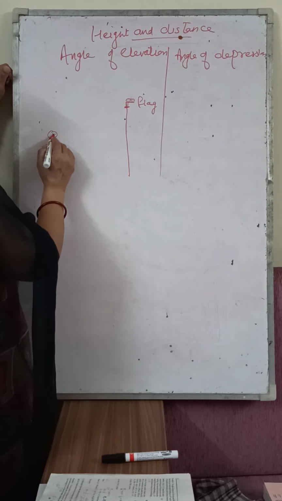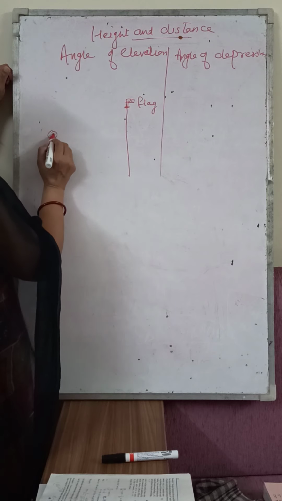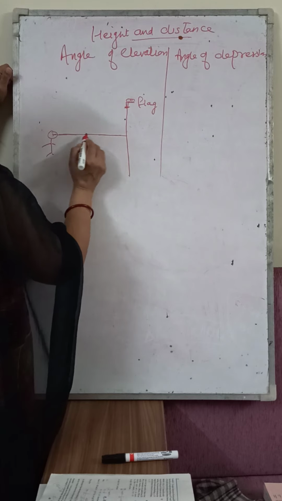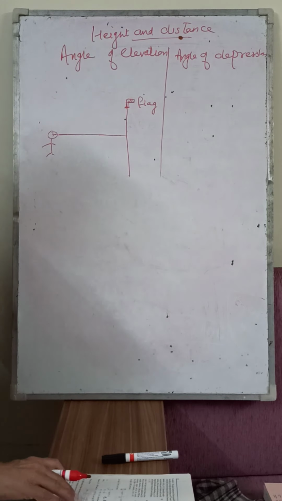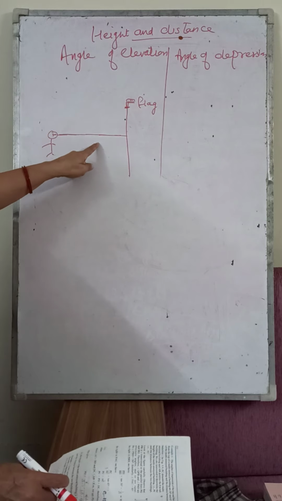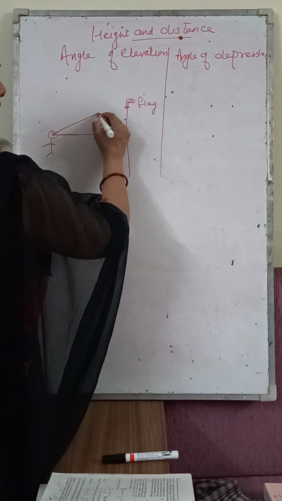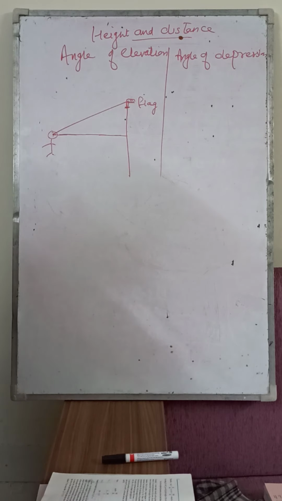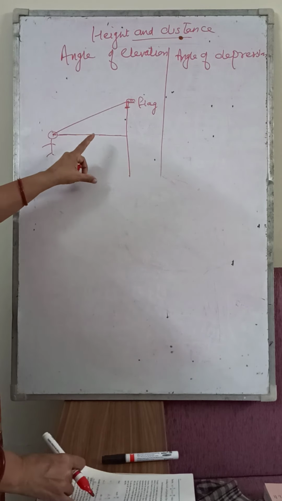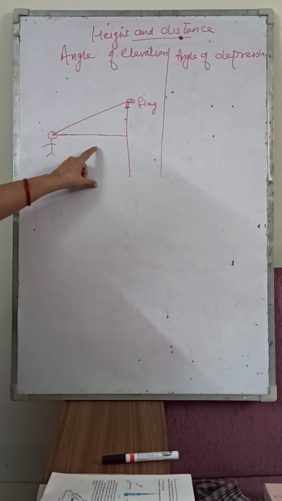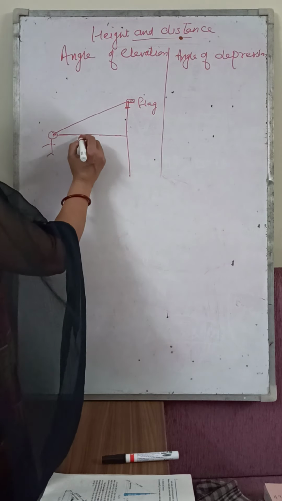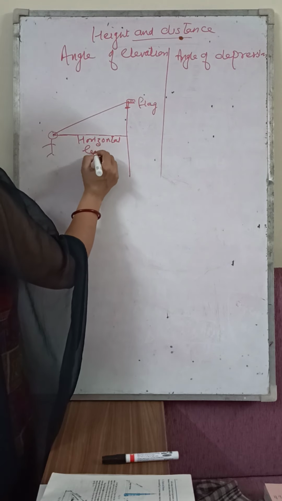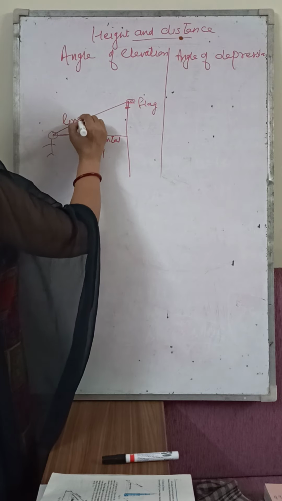Now, when you are standing here and looking at the flag, because you are standing here, your horizontal level of sight is this. Horizontal level of sight is this. But you are looking up, and this is your horizontal sight. Clear? This is called the horizontal level, and this is called the line of sight.